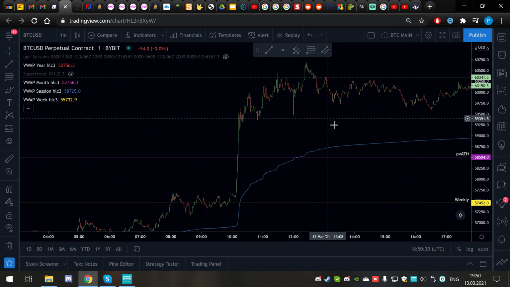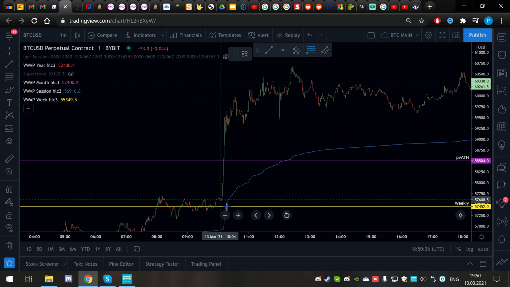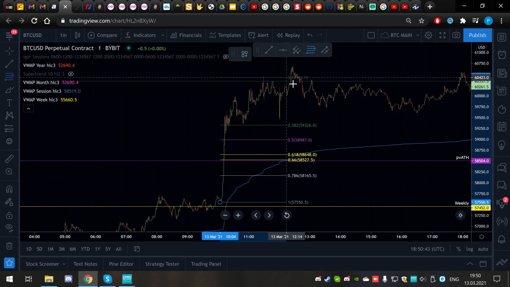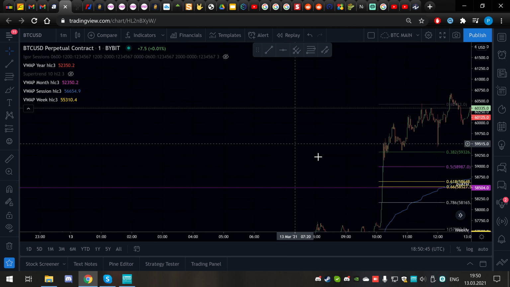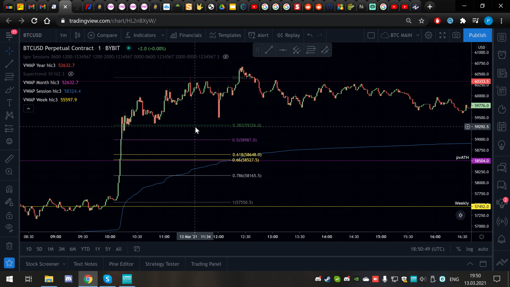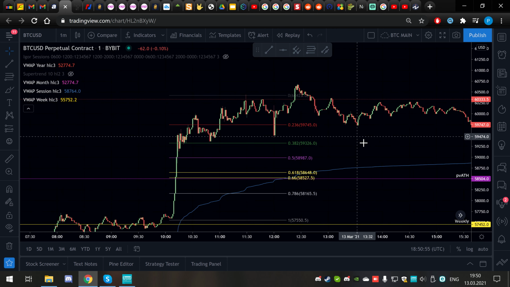If you have a huge move like this, you sometimes have it, yeah. It's really hard to pull Fibonacci even to catch moves. You can go from the closest low, yeah, from here to here, you had high. And you need to turn on the red one so you can see the entry.